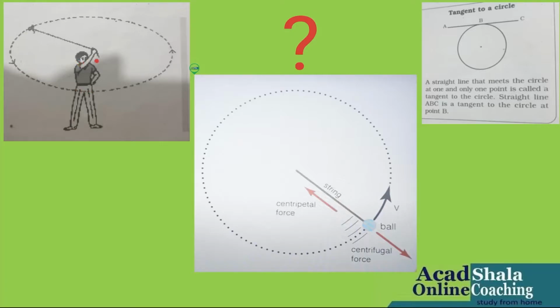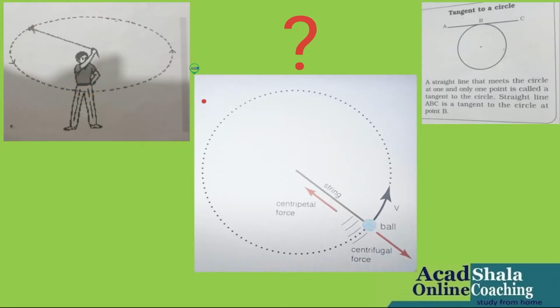Before the thread is released, the stone moves in a circular path, as you are seeing over here, children, with a certain speed and changes direction at every point. See, over here, over here, over here, at every position it's changing its direction. Yes or no? That is why we are saying it is in a circular path.